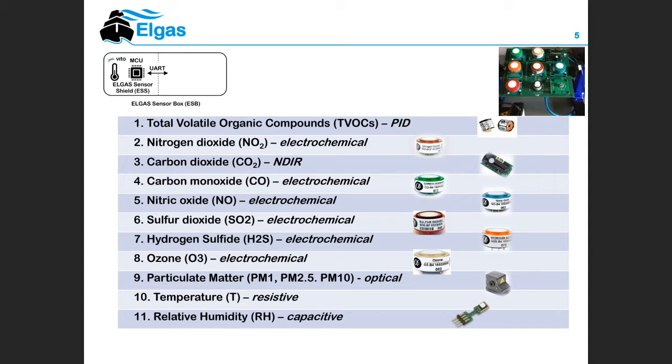It's on the list. 1 PID sensor for TVOC, total volatile organic compounds. 1 optical sensor for particulate matter. 1 also optical, non-dispersive infrared sensor for carbon dioxide, and temperature and relative humidity, which are resistive and capacitive sensors respectively.